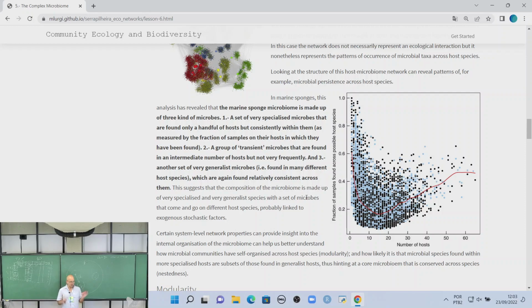So they are specific, and not only specific to sponges, but many of them are specific to the specific host, or at least to the specific family of hosts, which is another thing that people look at, the patterns of co-diversification between the families, phylogenetically speaking. So these colors here, the blue dots are bacteria that are only known to be found in marine sponges, and the black ones are the ones that are also found in seawater and things like that.